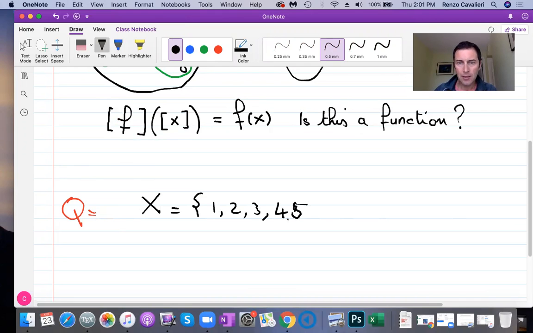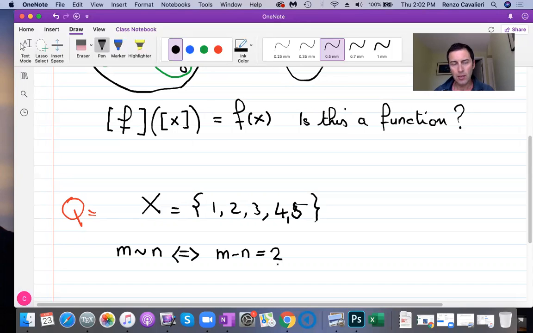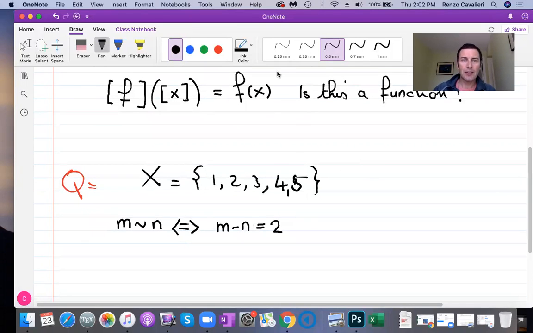And in the equivalence relation, you said m is equivalent to n if and only if m minus n is equal to 2. That's the rule that you would like to be an equivalence relation.